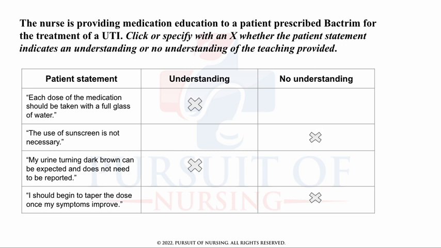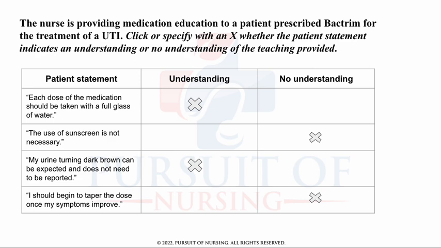All right, so there's two true statements here that demonstrate an understanding of the teaching related to Bactrim. Those are, each dose of the medication should be taken with a full glass of water, and my urine turning dark brown can be expected and does not need to be reported. Those are both true. They demonstrate an understanding of medication education related to Bactrim.